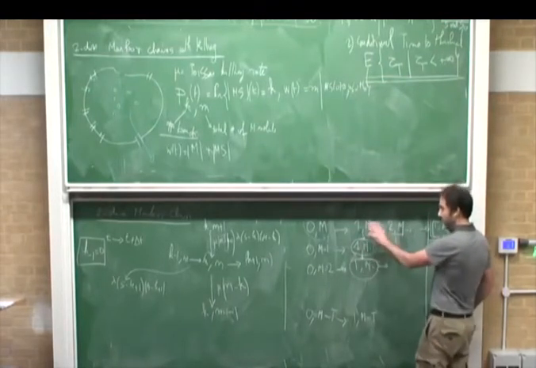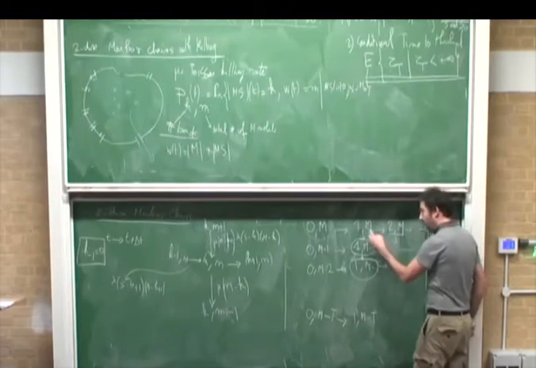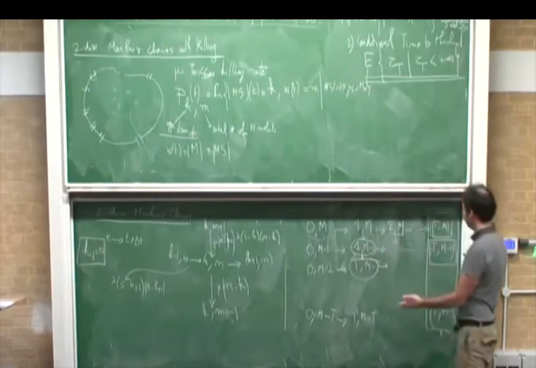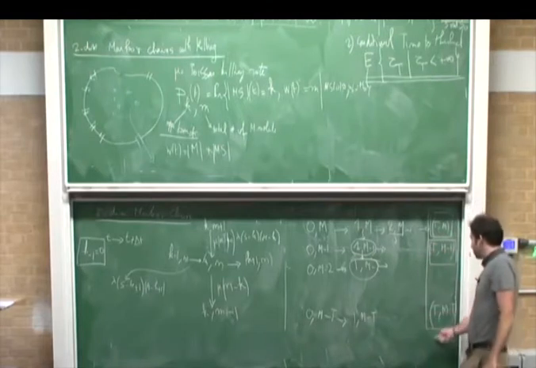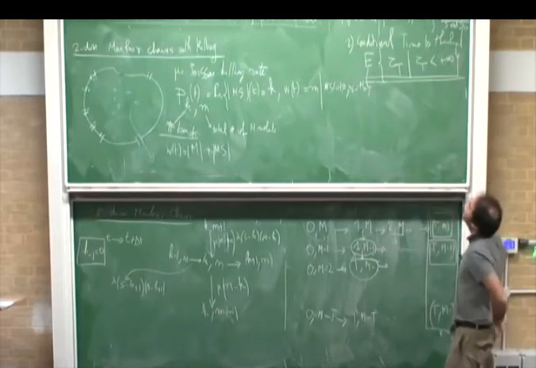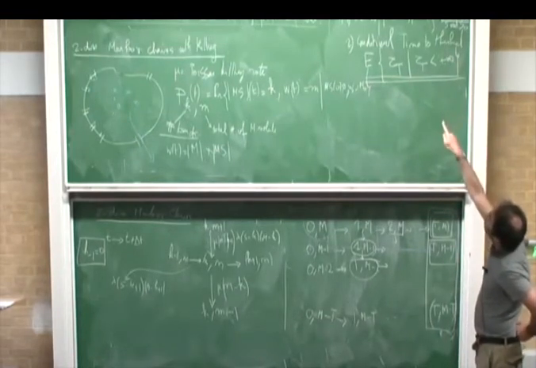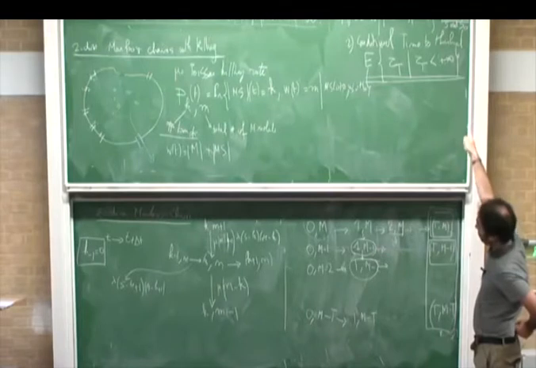And so next week, I'm going to finish with this. We'll see how you calculate this transition probability. How do you express this in terms of all these transition probabilities?